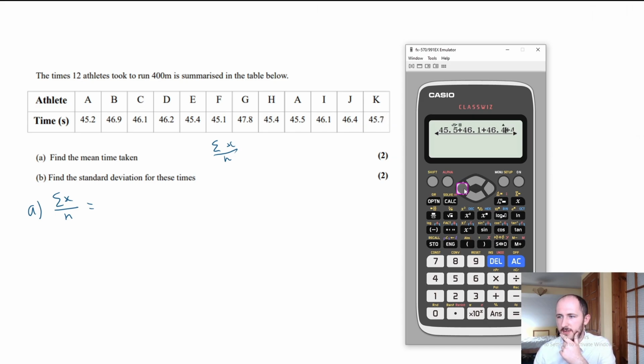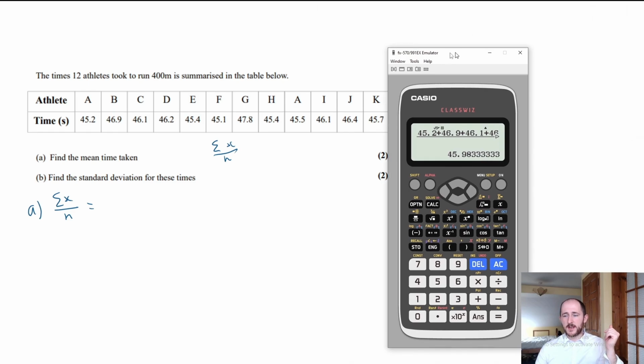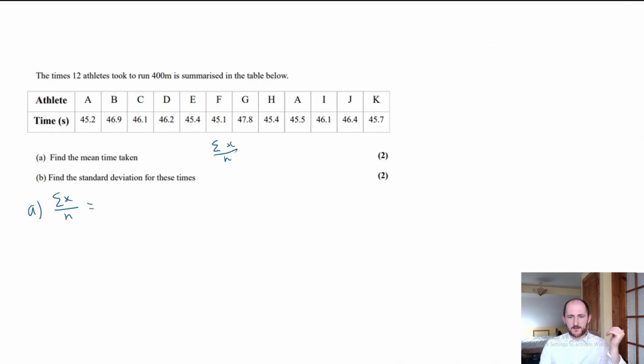So 45.7, 46.4, 46.1, 45.5, 45.4, 47.8, 45.1, 45.4, 46.2, 46.1, 46.9, and 45.2. And what it does, it forces your brain to actually pay more attention. And we have 12 athletes, so it's just divide by 12. There we go. So 45.9, so we should probably round this to 3 significant figures. So 46.0 to 3 sig fig.